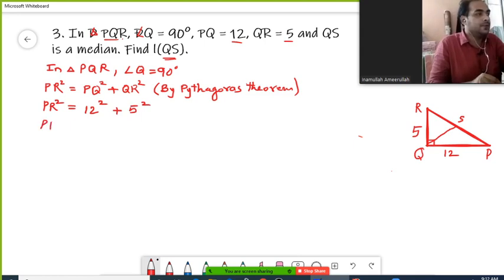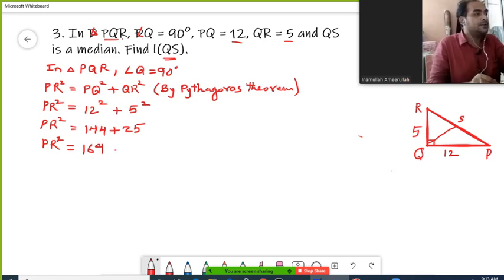So PR square is 12 square, that is 144, plus 5 square, which gives 25. Now PR square is actually 169. So PR square is 169.